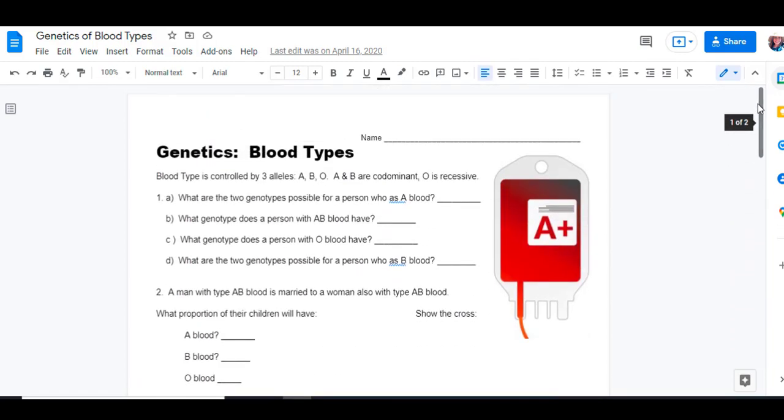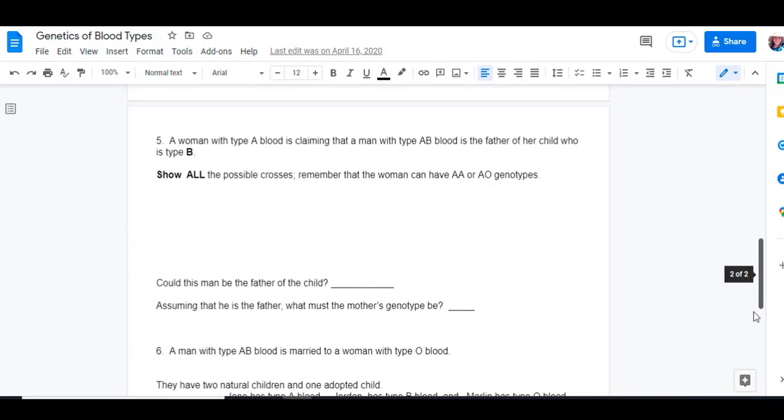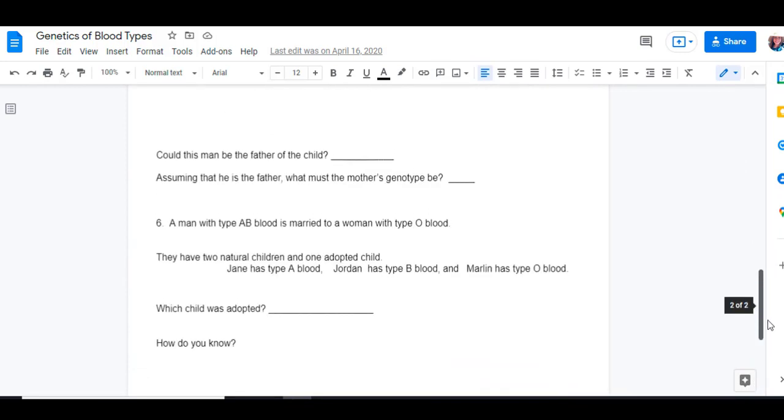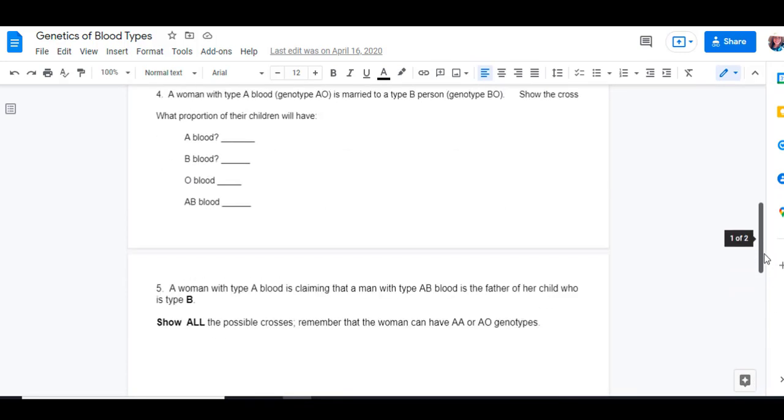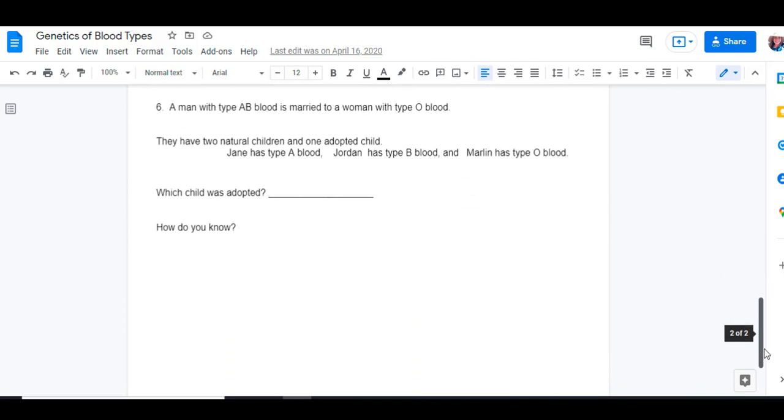Okay. So you can do this on a sheet of notebook paper if you want to, so that I can see your work, and then just turn it into the box. So just go ahead and do 1, 2, 3, 4, 5, 6 on a sheet of notebook paper, and then you can go back to the book and do page 156 so that you finish up 151 through 157.